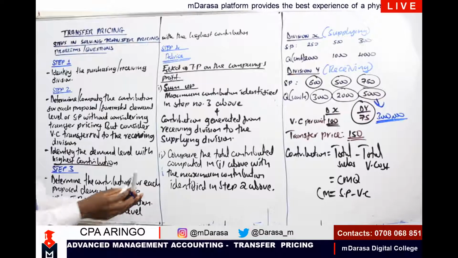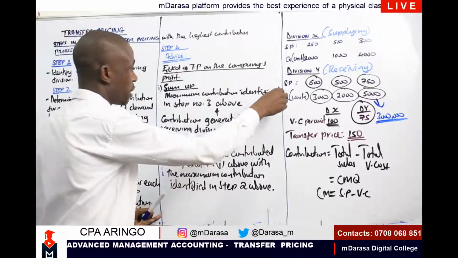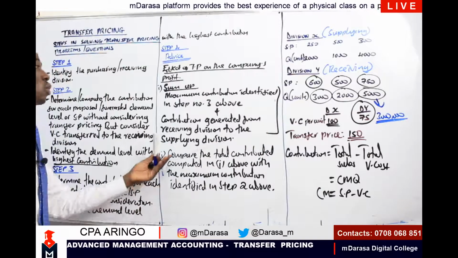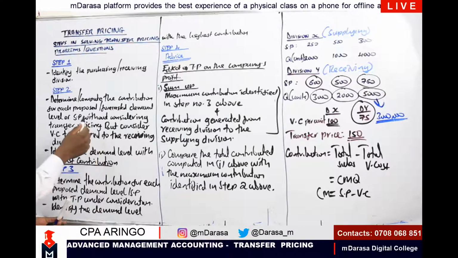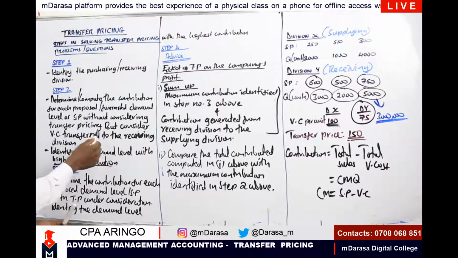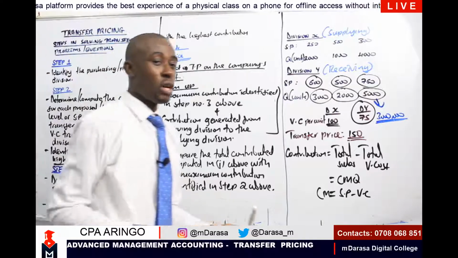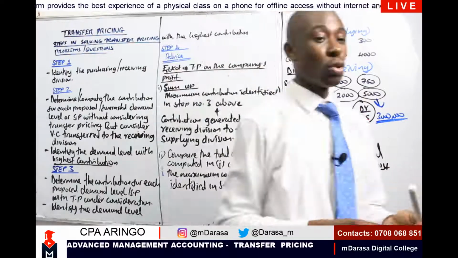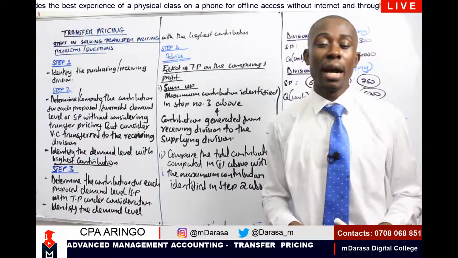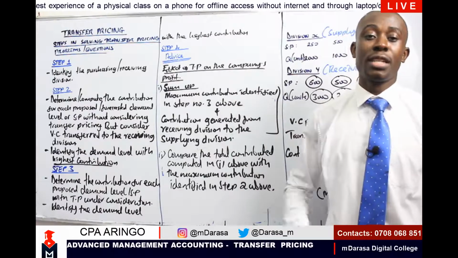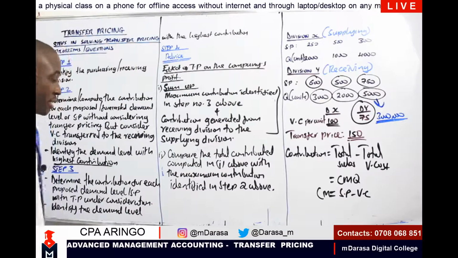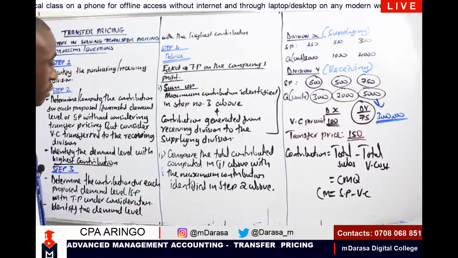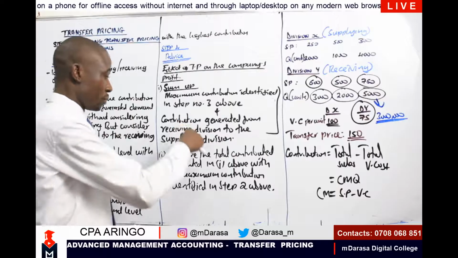Now, after we've done with the summation, I'm going to compare what we've determined with what? With the maximum contribution that we identified in step 2. Because recall, in step 2 we were working without considering transfer price. So I compare the two.